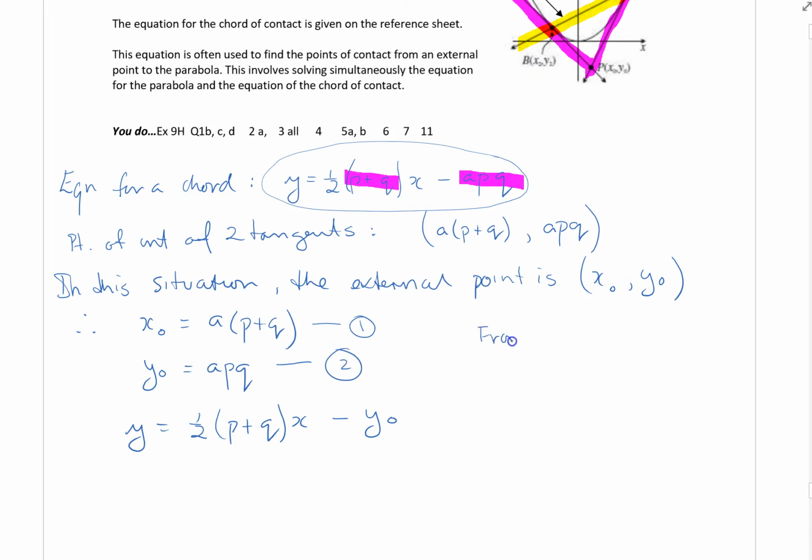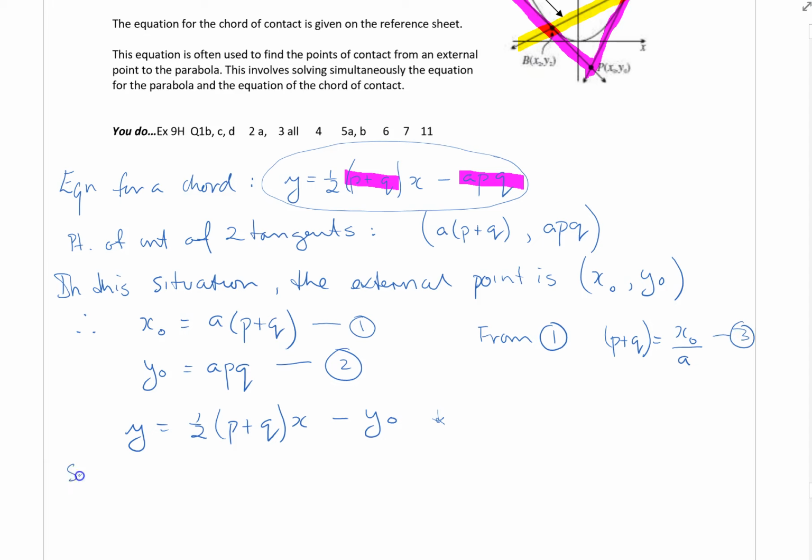From 1, the only other thing that I want to remove out of here is the bracket p plus q, and I can get an expression for p plus q from 1: p plus q in a bracket would equal x naught on a. Maybe I should call that one 3.